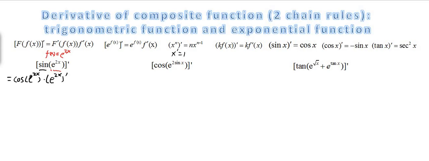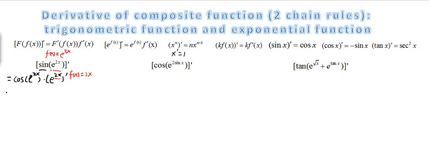Okay, and now let's focus on the second term. For the second term, we can easily tell that it is a composite exponential function. We're gonna apply formula 2. Here, what is f(x)? The f(x) is 2x, so we can write down f(x) equals 2x. Then we can apply this formula.